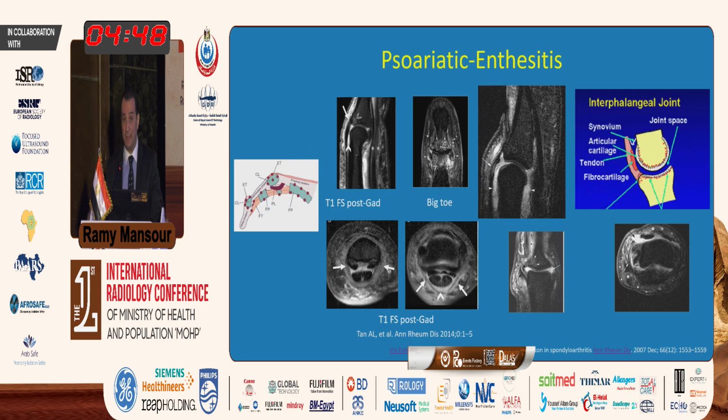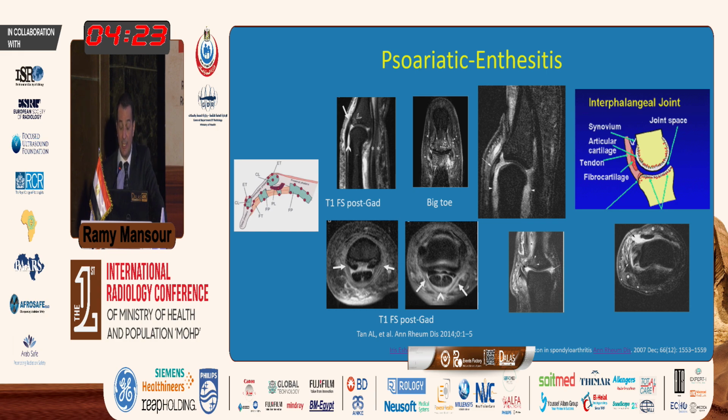We can see the same appearances in the joints of the hands, and again, this explains why we see inflammation in these places. You can see a thickening of the insertion of the extensor tendon on the left side. You can also see inflammation of the annular ligament, what we call the pulleys, because they are inflamed.